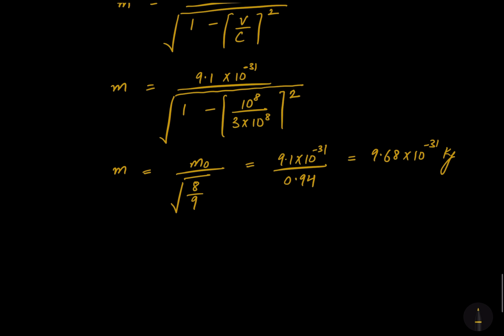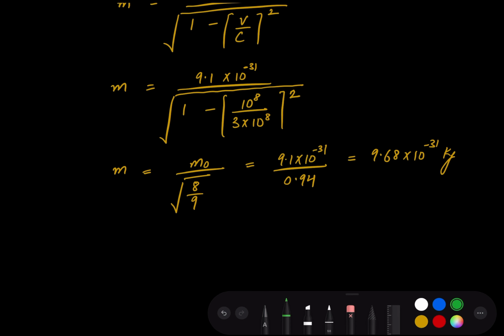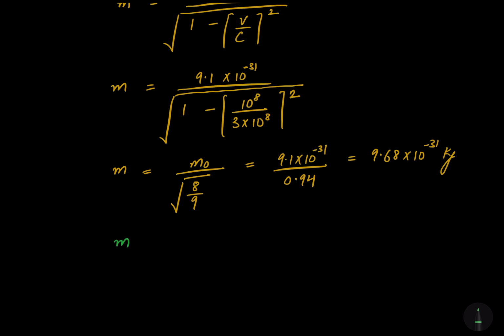Now just observe one thing. You have to observe that the mass of the electron moving with a velocity comparable to the light slightly increases. From 9.1 it has become 9.68 into 10 to the power minus 31 kgs.